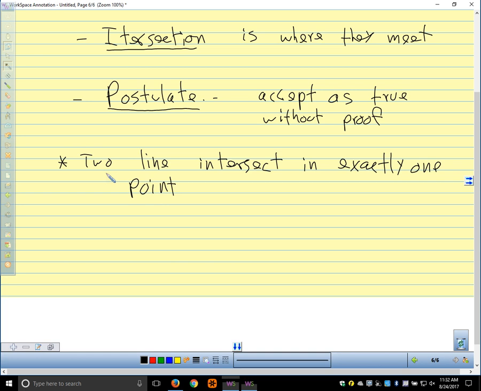So if I draw on your graph, remember in Algebra 1, you would solve systems of equations, and you would find the point, the x and the y, where those lines intersect. Exactly one point. All right. Our next postulate about intersections. Two planes.